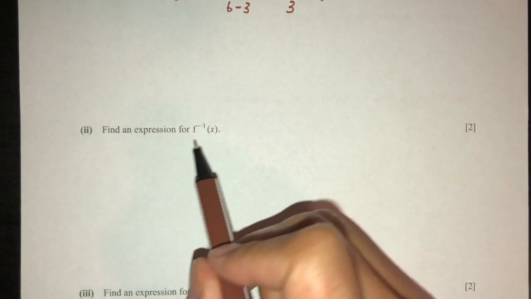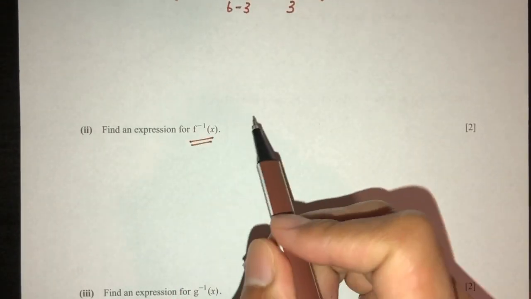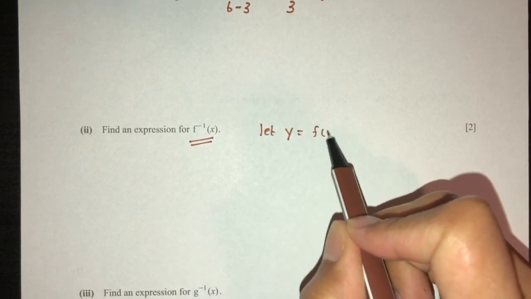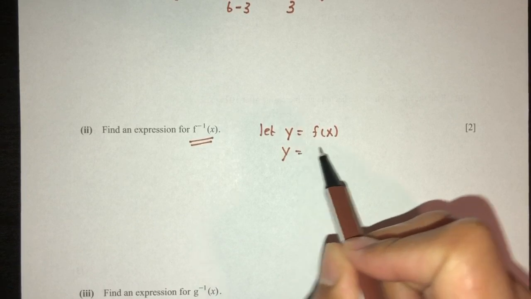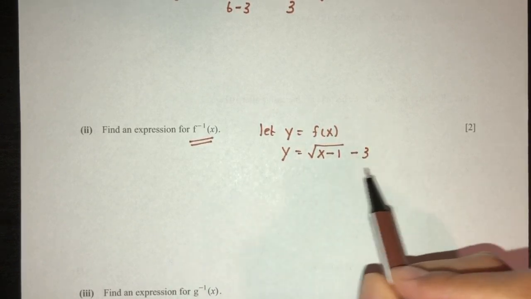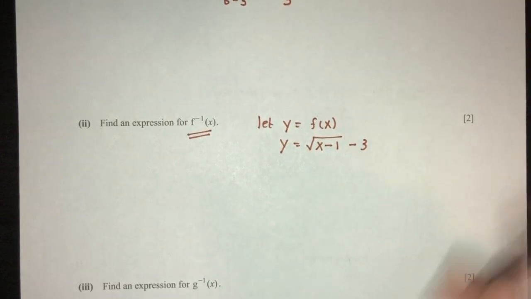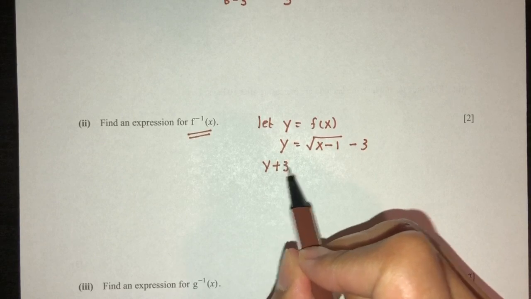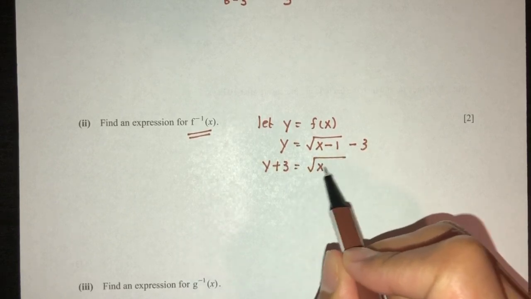Now for part 2, we have to find an expression for f inverse of x. As always, you have to let y equal to f of x. So y is equal to root x minus 1, minus 3. Now next step, we have to make x the subject of formula. First we have to send this over here. You will have y plus 3 equal to root x minus 1.